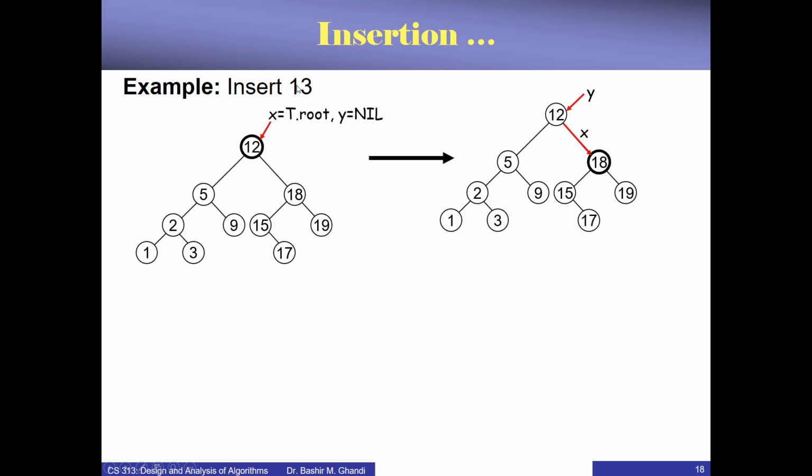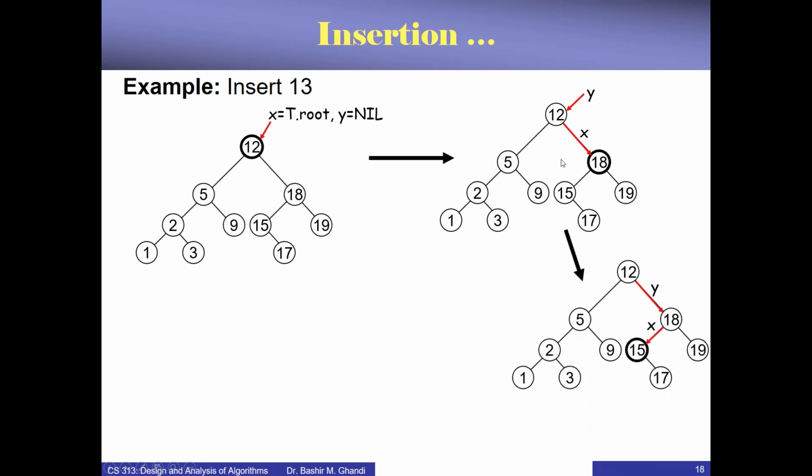Is 13 greater or less than 18? Obviously 13 is less than 18, so we're going to try to do this insertion on the left subtree. So at that point, you update y to become the current x, and then x to be x.left. So this is what you have in this step.